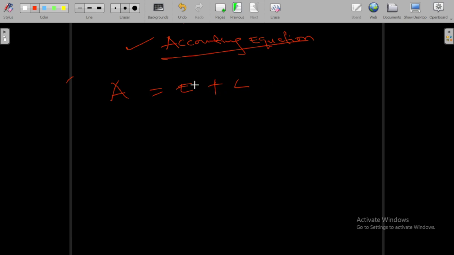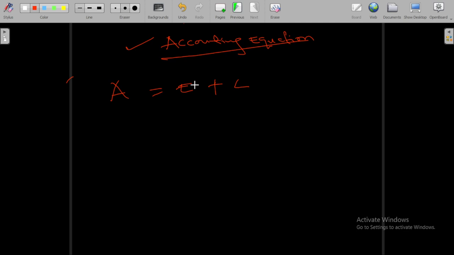So once you want to calculate your asset, it has to be equity plus liability. That is what the accounting equation is saying.